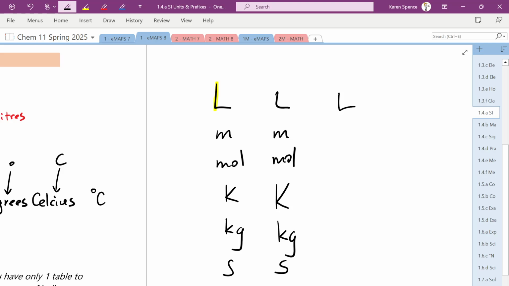One last time with clapping. Liters, meters, moles, and Kelvin, kilograms and seconds.